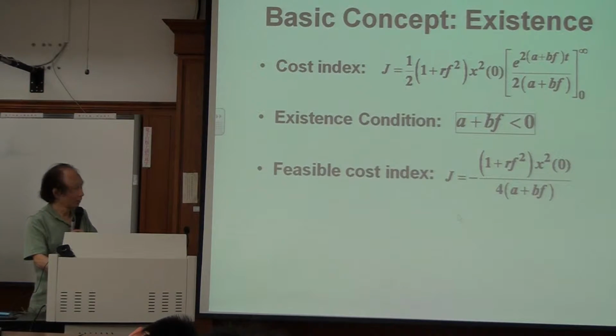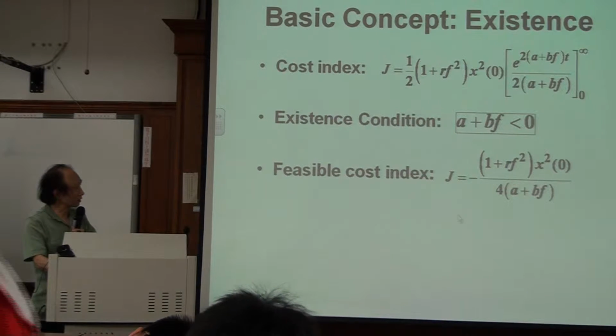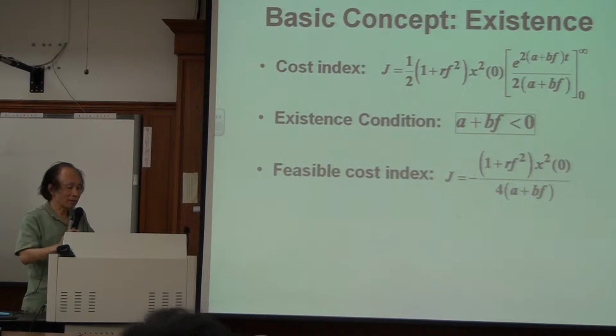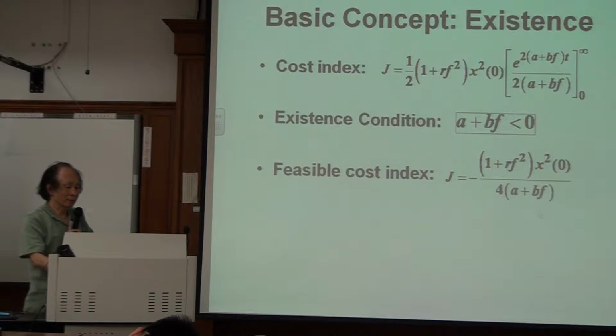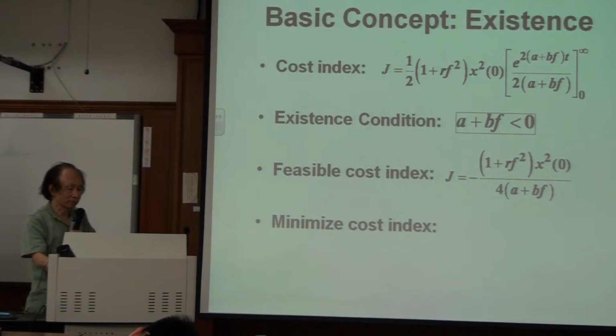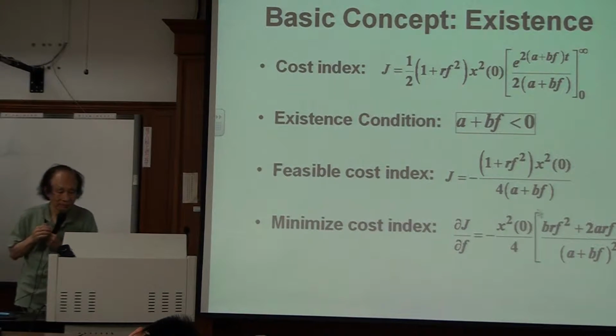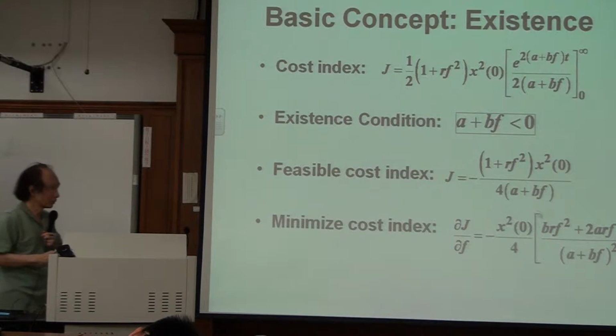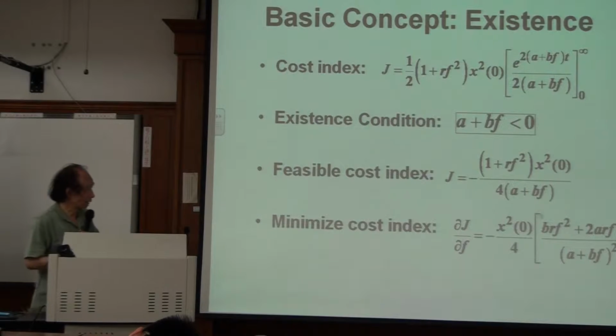All right. If that's the case, that's my feasible cost index. Remember, this J, this cost index, is only valid when A plus BF is less than 0. Agree? All right.